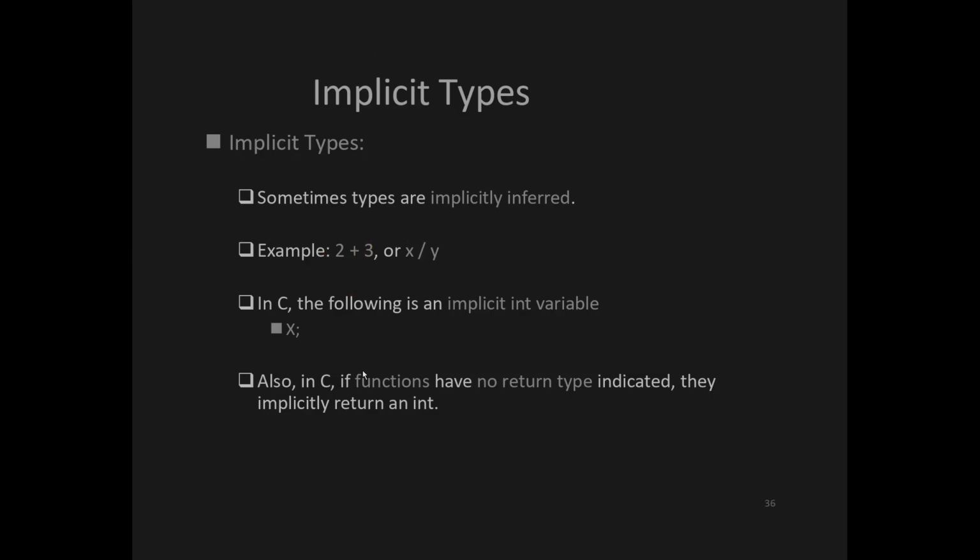Okay. In C, the following is an implicit int variable. Okay, I've never seen that actually, but that's kind of cool. Also in C, if functions have no return type indicated, they implicitly return an int. Well, in the previous lecture we had main that didn't have int in it, so I guess this is an example of that.